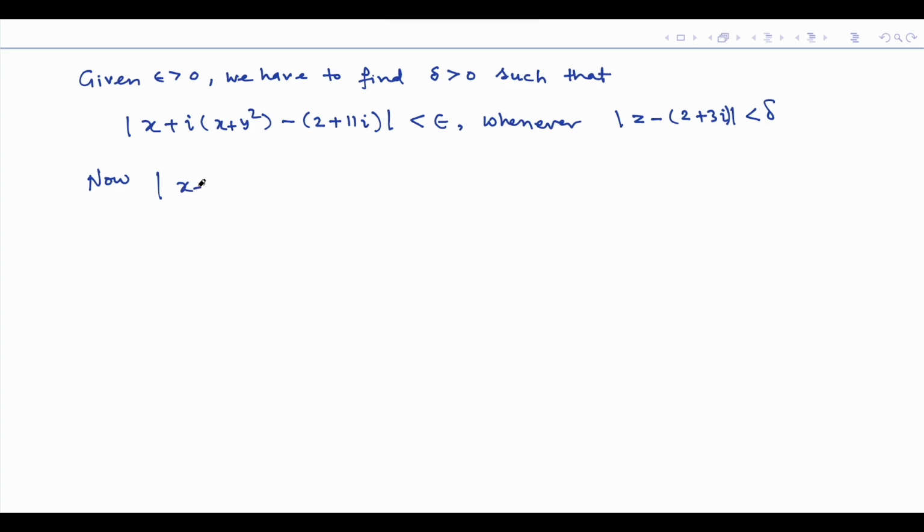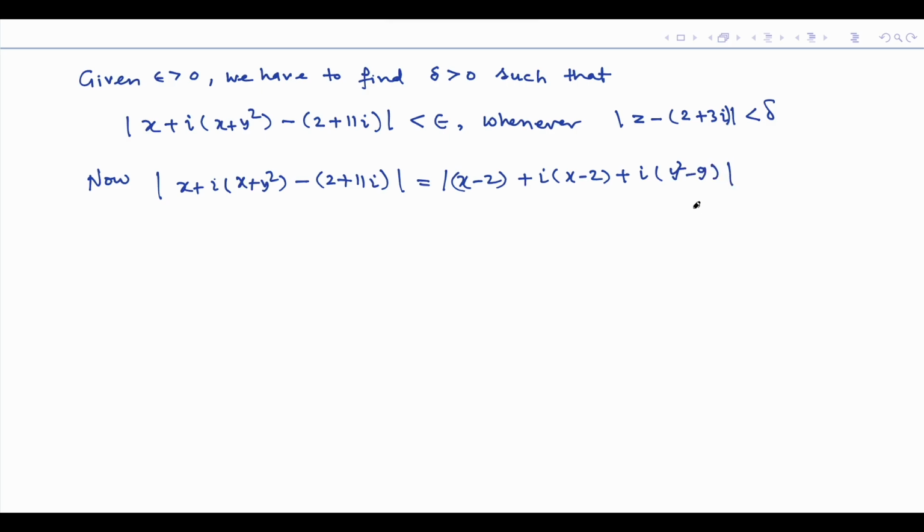Now we are talking about this x plus I, x plus y square minus 2 plus 11i, this mod. So now I'm going to adjust some terms. So this is x minus 2, right, plus I times x minus 2 and plus I times y square minus 9.